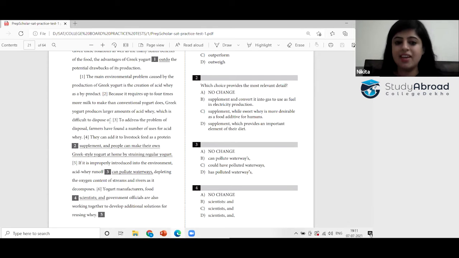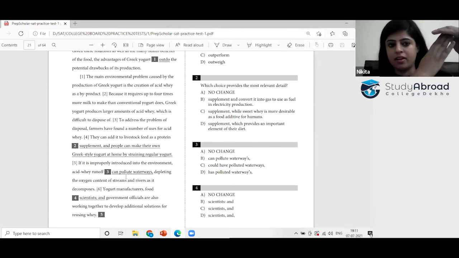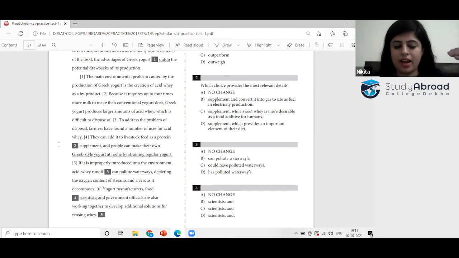Then, if not introduced properly, then it is going to cause harm to the environment. You see that there is this parallelism going on, right? Step by step. It's created. The problem is there. What should we do? And after that, you are telling what will happen if you are not going to dispose of it properly.